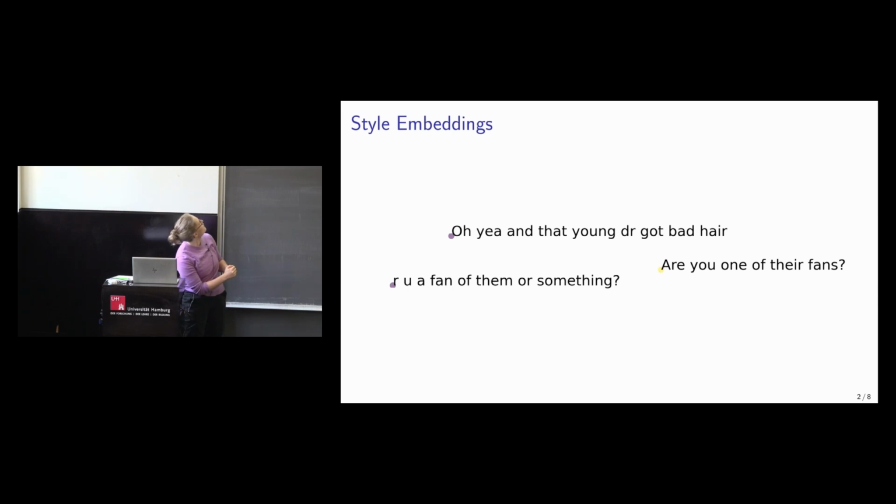So, are you a fan of them or something, you can consider as being more informal than the alternative. And this other sentence above, oh yeah, that young doctor got bad hair, is also somewhat informal. So what we want style embeddings to do is to represent similar styles closer to each other and dissimilar styles further apart from each other, independent of content, right?